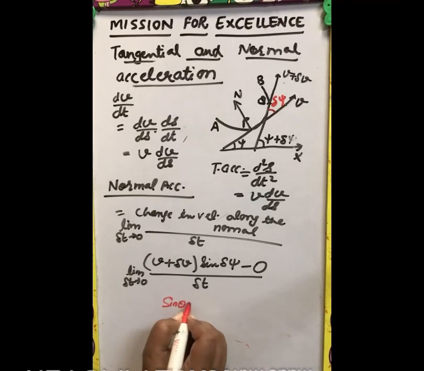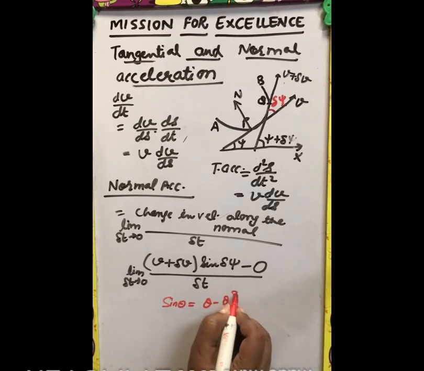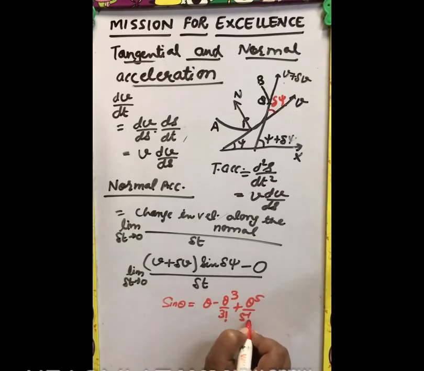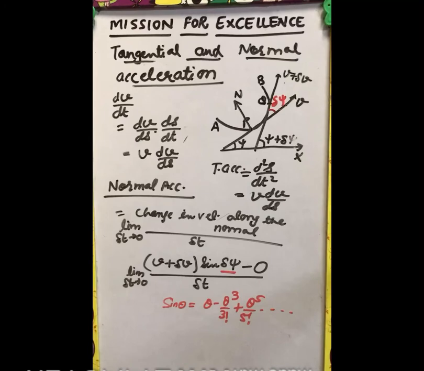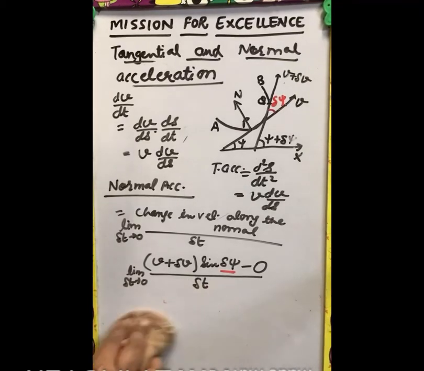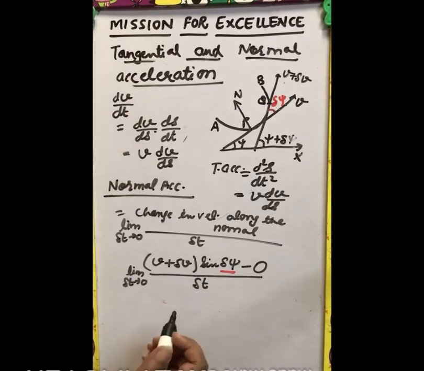Now we will use the expression for sine. Sine theta is theta minus theta cube by 3 factorial plus theta to the power 5 by 5 factorial, and so on. So let us use this expression for delta psi.